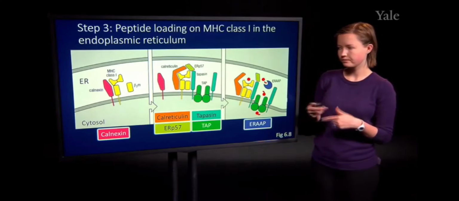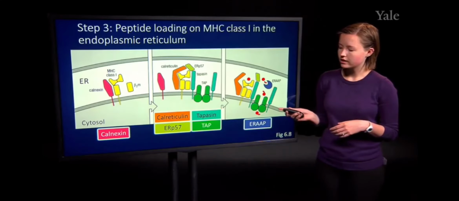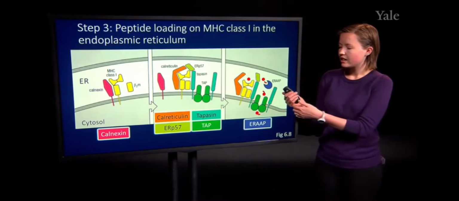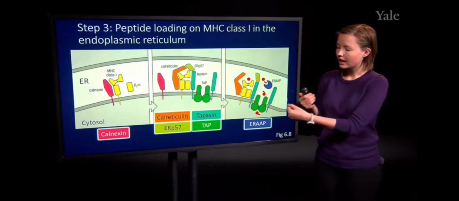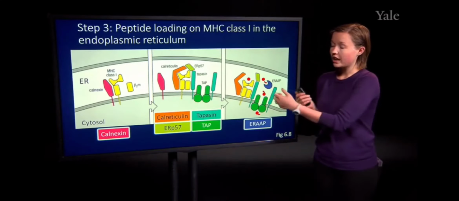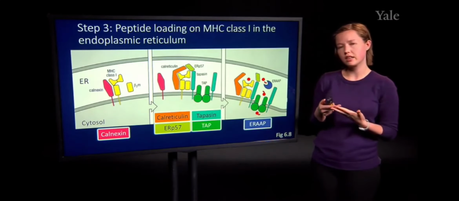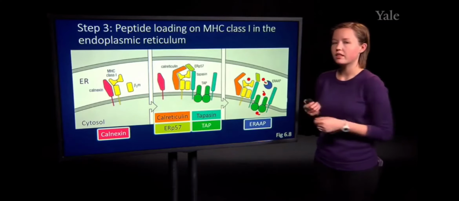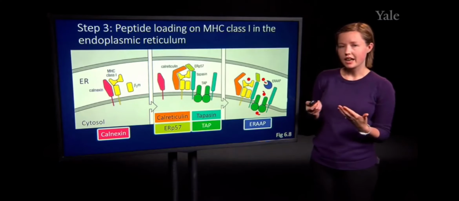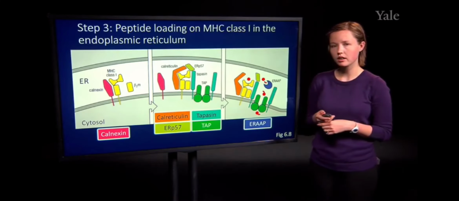Something else that's important at this point to understand about molecules such as tapasin and ERp57 is that they will go back and forth interacting with MHC class 1 and constantly ejecting this peptide until we have a high affinity interaction of the peptide with MHC class 1. And so this is referred to as peptide editing, and it's a way to ensure we have a high affinity interaction of MHC class 1 with its peptide before it's presented on the cell surface.